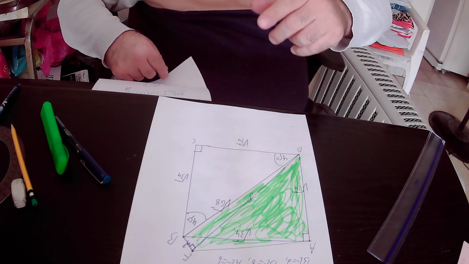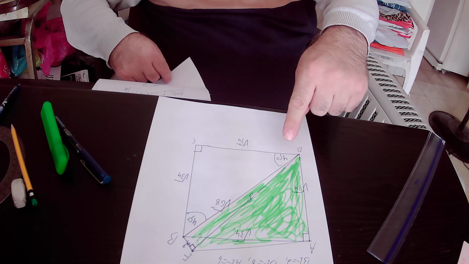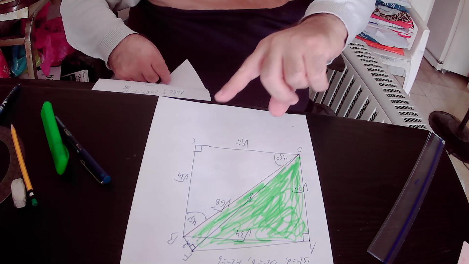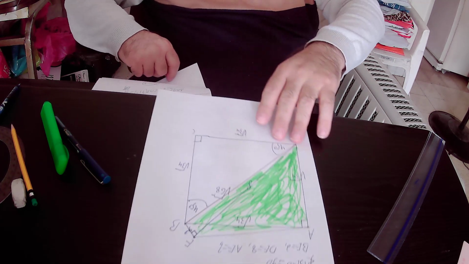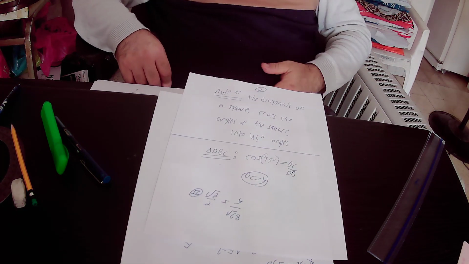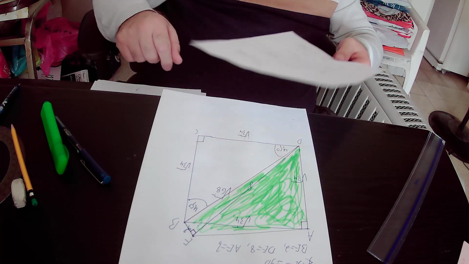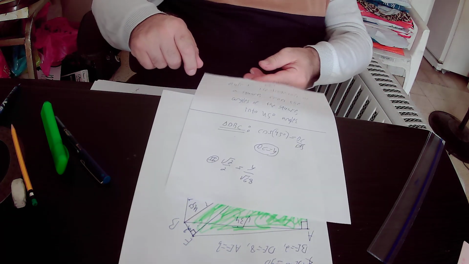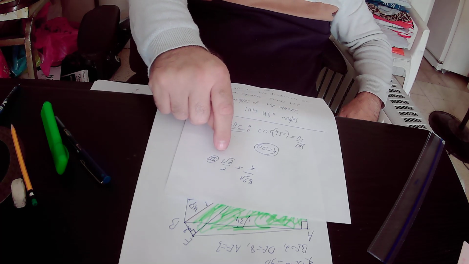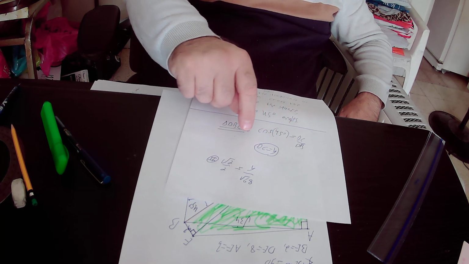Therefore triangle DBC is a right triangle, and in this right triangle DBC, we know that cosine 45 degrees equals DC over DB. We define DC as Y. We also know that cosine 45 degrees equals square root of 2 over 2, and DC is Y according to our definition.